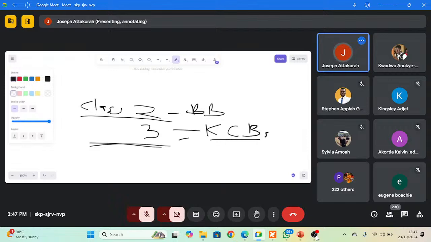Who can tell me an example of a class 3 medication? Amiodarone. One of the best medications for arrhythmia is amiodarone. Amiodarone, class 3, potassium channel blocker.